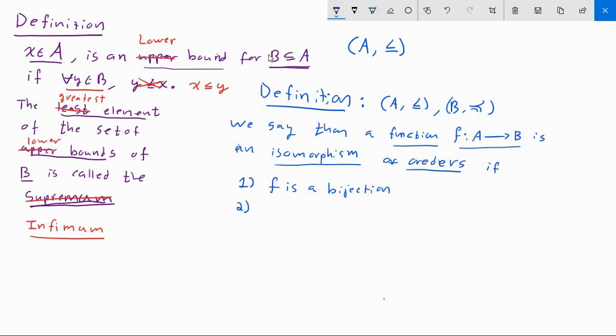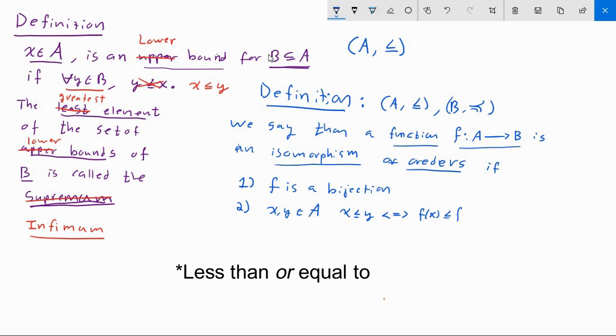So, therefore, what the second condition should be is that for x and y belonging to our set A, it should be the case that x is less than or equal to y if and only if f of x is less than or equal to f of y.